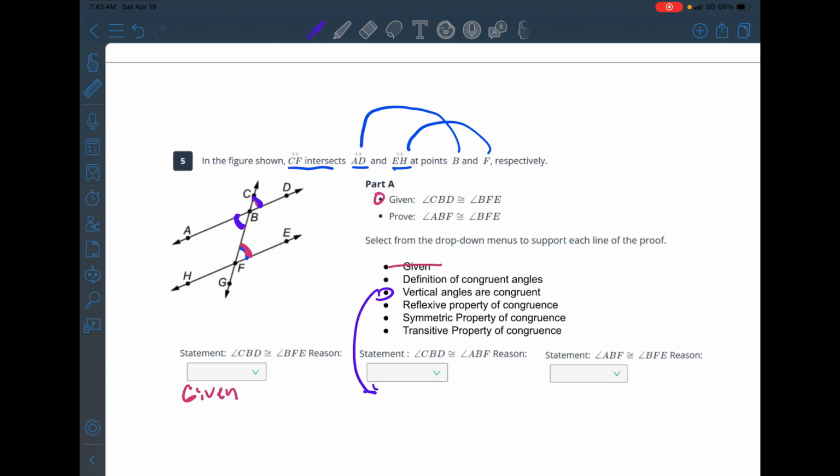And then it's saying, prove that ABF is congruent to BFE now. So if these two angles are congruent and these two angles are congruent, then these two angles have to be congruent. So that is transitive property.